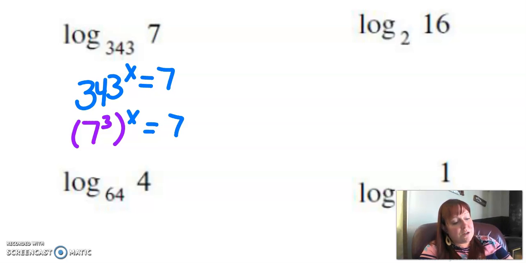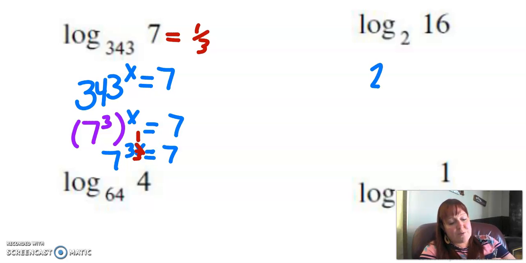So that's really 7 to the 3x equals 7. Now that 3x has to equal 1, because 7 to the 1 has to equal 7 to the 1. They have to have the same exponent. So what does x have to equal? Well, that would have to equal 1/3, right? If I multiply 3 times 1/3, I get 1. So in this case, log base 343 of 7 is 1/3.